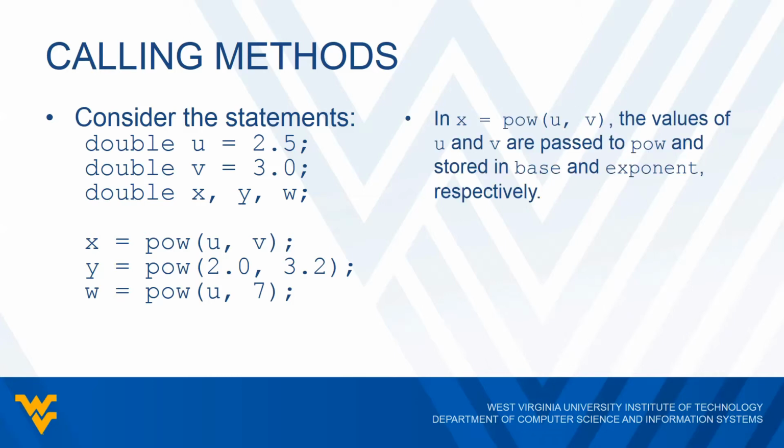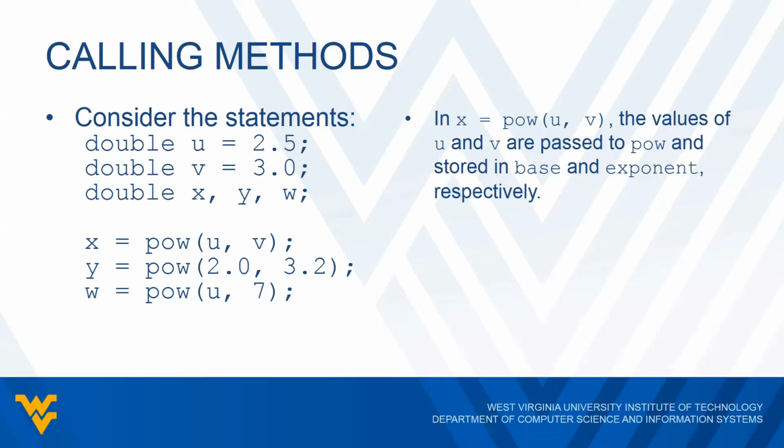So in our first statement, x equals pow(u, v), we take the values of u and v and we pass them or store them into base and exponent respectively. So in this case, we take u, which is 2.5, and that gets stored in base, and v, which is 3.0, gets stored in exponent.